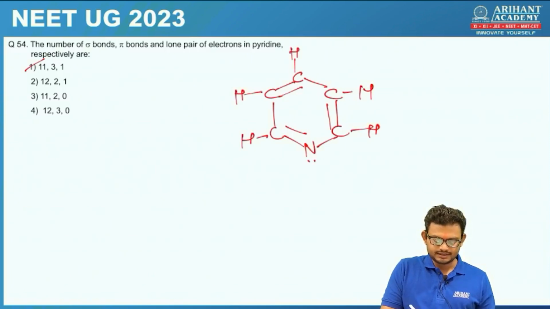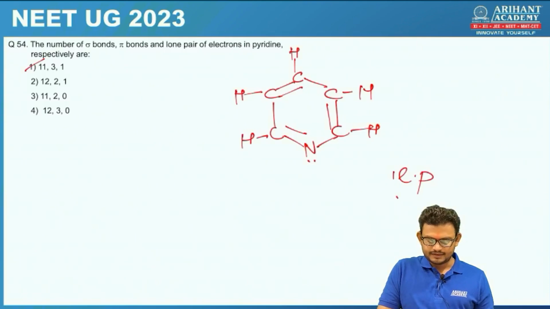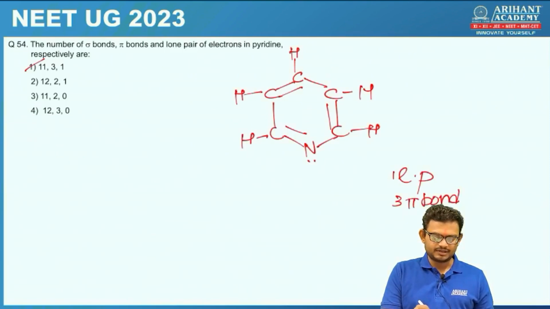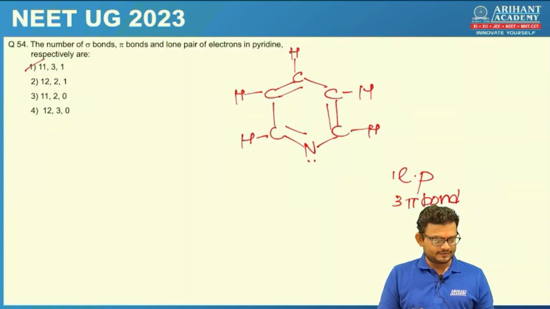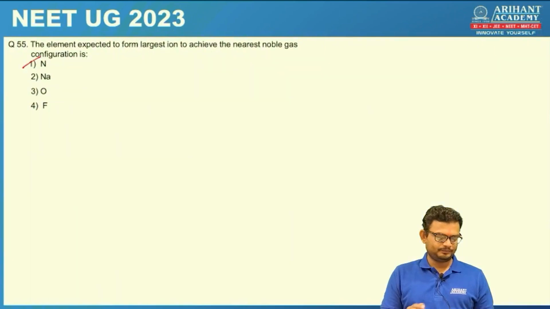So you can clearly see nitrogen has one lone pair, and there are 3 pi bonds, 3 carbon-carbon pi bonds, and the remaining are 6 carbon-carbon sigma bonds and 5 carbon-hydrogen sigma bonds. So that amounts to the first option, which is 11 sigma, 3 pi and 1 lone pair. Let's take this next one.